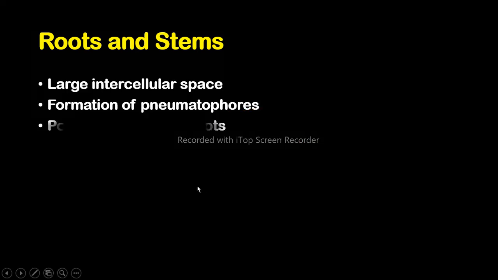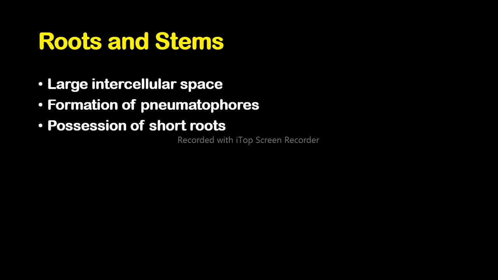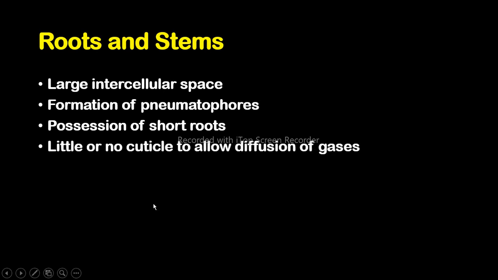Then, possession of short roots, close to the ground, where oxygen is plenty. The air in the soil is plenty in the topsoil. But when you possess long roots that dig deep into the ground, obtaining oxygen becomes a challenge.